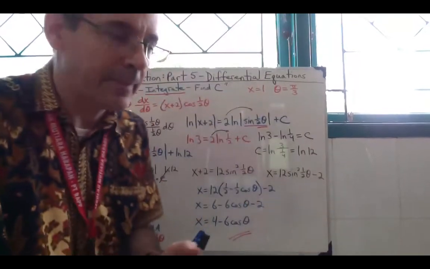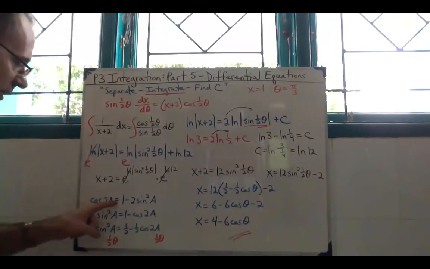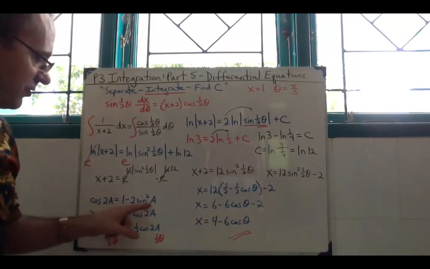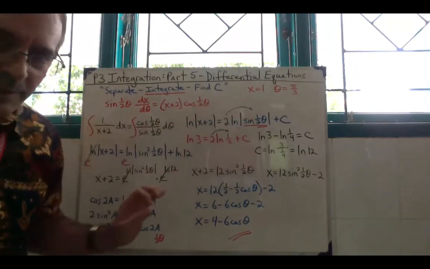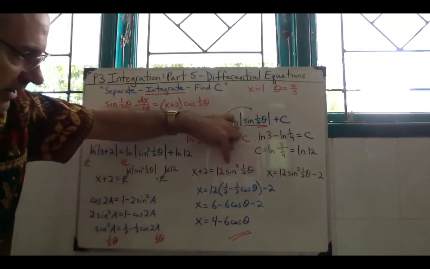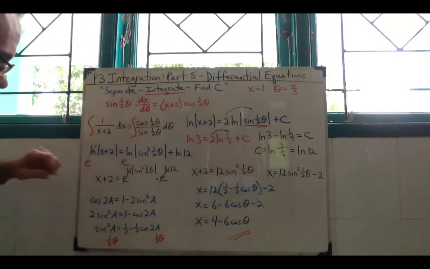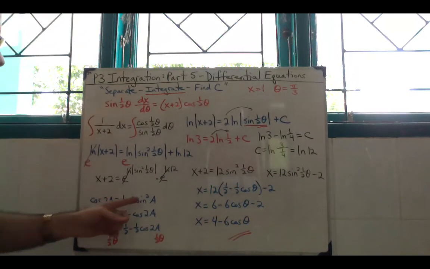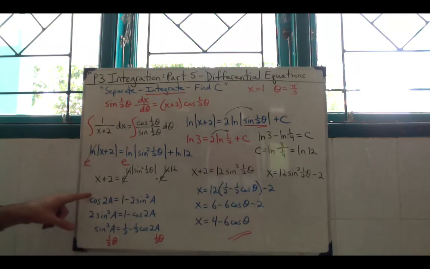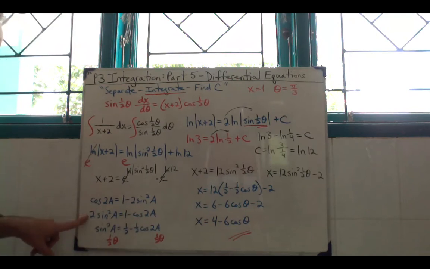Let's go back to the board. So cosine 2a equals 1 minus 2 sine squared a. Don't worry about the argument right now. We're trying to take sine squared and convert it to cosine. So let's solve for the sine squared. Okay, so let's add it to the other side and subtract the cosine 2a and then divide by 2.